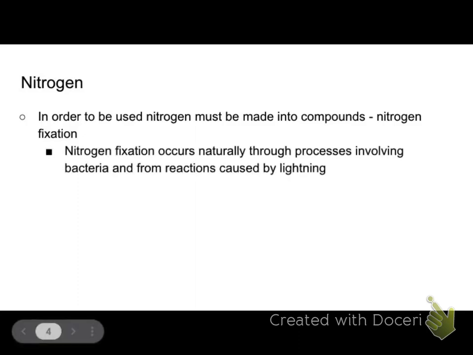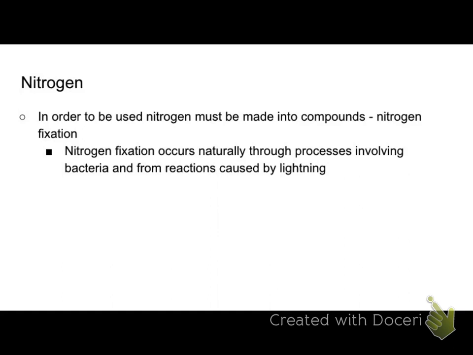Nitrogen fixation occurs naturally in our world, and it occurs through a couple of processes. There are bacteria that live on the roots of plants that do nitrogen fixation, and then when lightning strikes, some of the reactions caused by a lightning strike, because it produces a ton of energy, right? Some of the reactions driven by that lightning strike then cause nitrogen fixation to also happen.